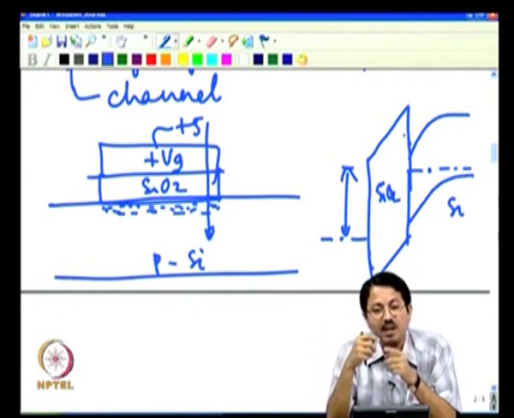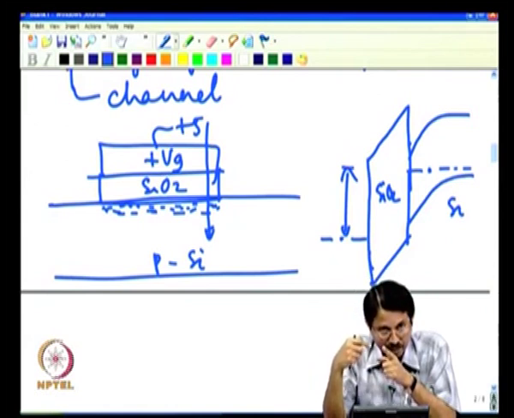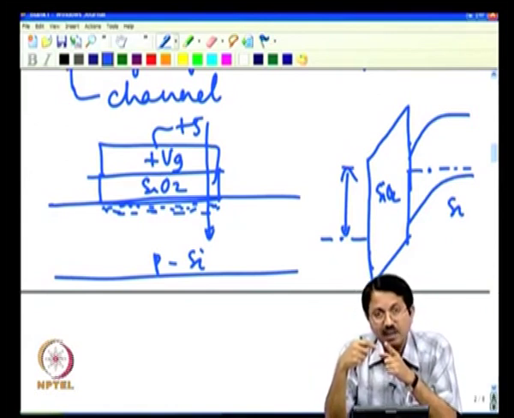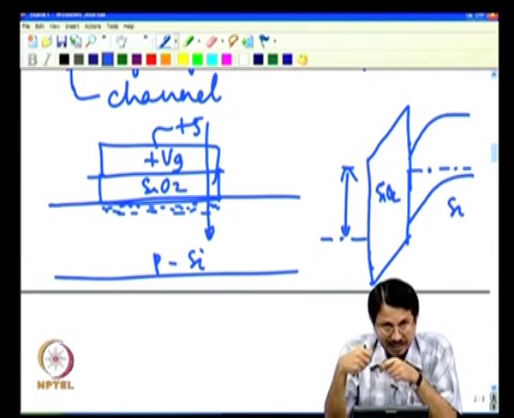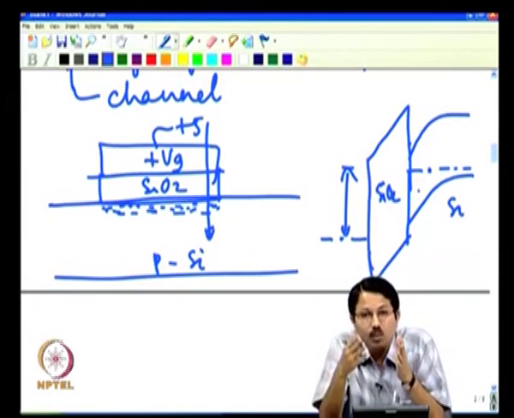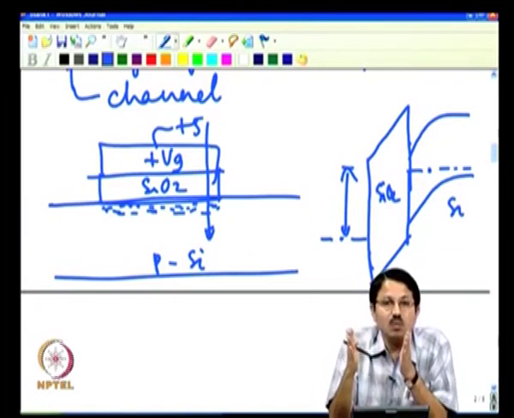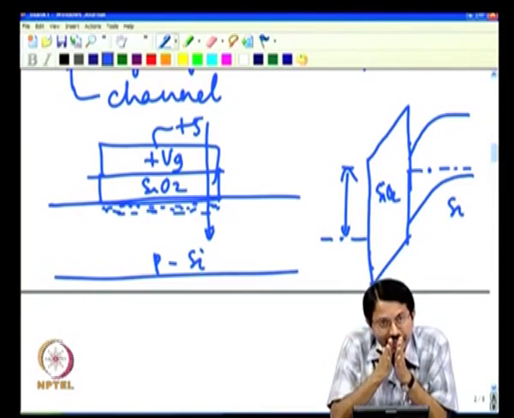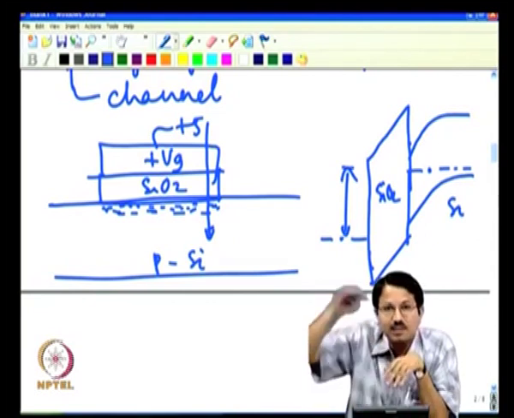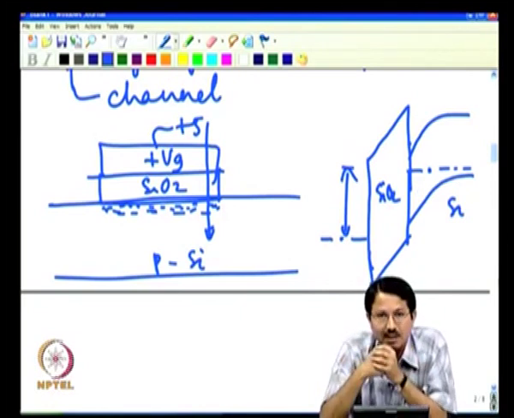Oxide field has increased and oxide field is related to silicon field also, right, and the silicon field not only depends on the oxide thickness, but also depends on the doping concentration. If you have a high doping concentration, the depletion width is small and you are dropping whatever silicon voltage over a very narrow distance, and that exacerbates this, and hence the fields will be large in silicon.